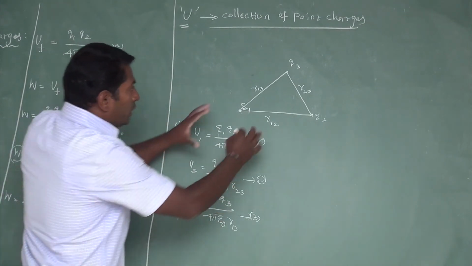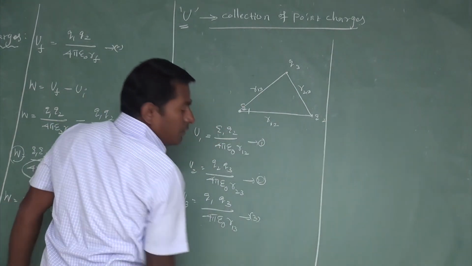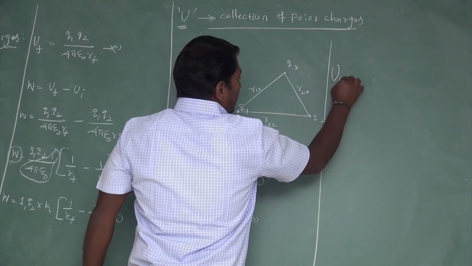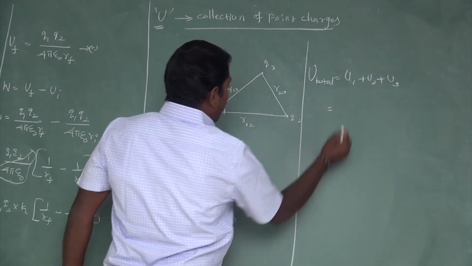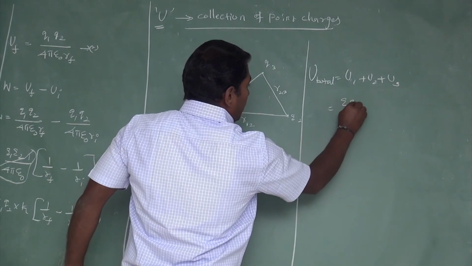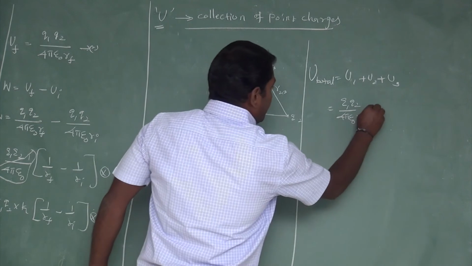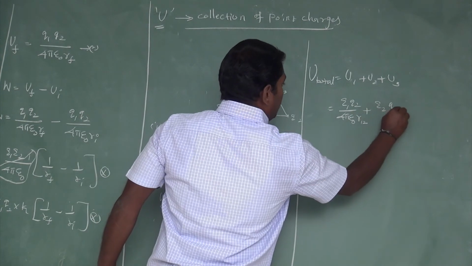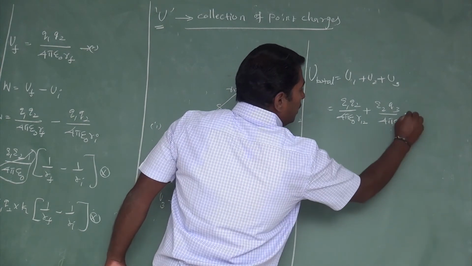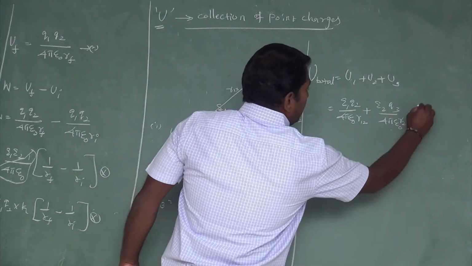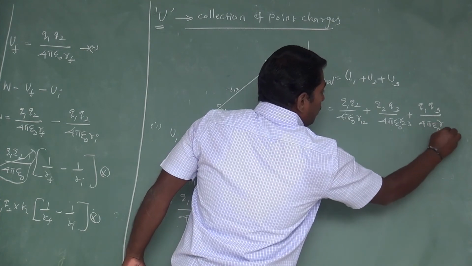So what is the total electrostatic potential energy of the collection of three point charges? U total is equal to U1 plus U2 plus U3, which is equal to Q1 Q2 divided by 4 pi epsilon naught R12, plus Q2 Q3 divided by 4 pi epsilon naught R23, plus Q1 Q3 divided by 4 pi epsilon naught R13.